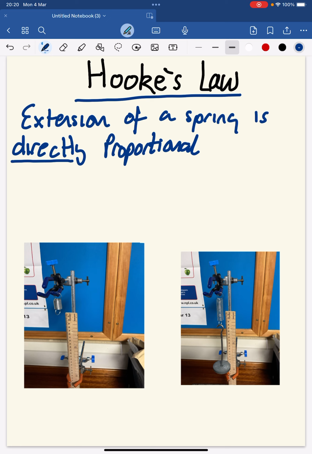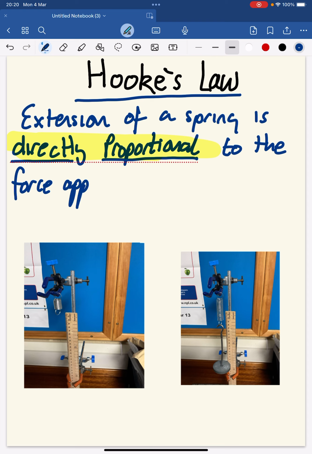So I'm going to underline it there, and actually I might highlight it as well because that's how important that term is. So it's directly proportional to the force applied. Now that is until the limit of proportionality is exceeded.